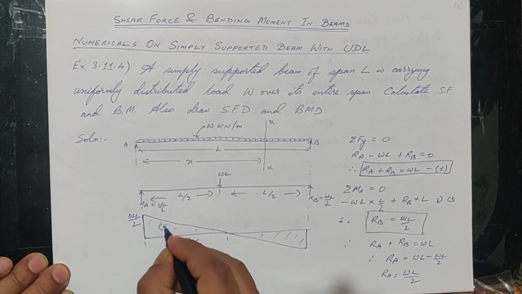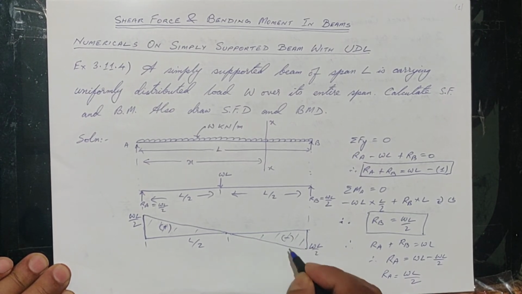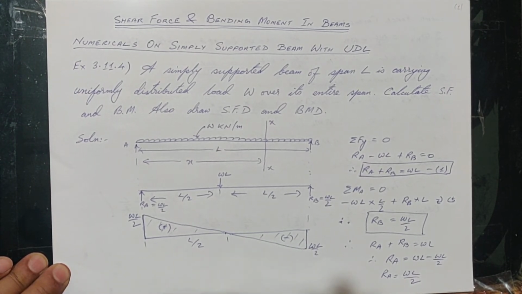This is positive. And here we have again WL by 2, which is negative. It is crossing over at L by 2.